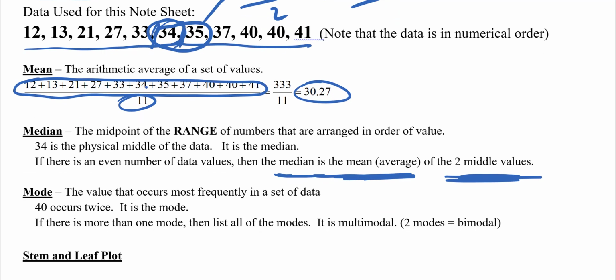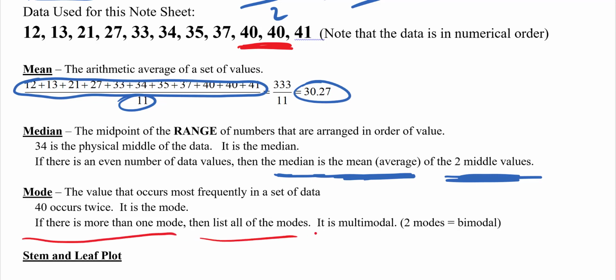The last thing is the mode, and the mode is the value that occurs most frequently in the set of data. In this case, the mode is 40. You agree with that? Because 40 is the one that's repeated twice. If there's more than one mode, then you list all the modes, and you say it's multimodal.